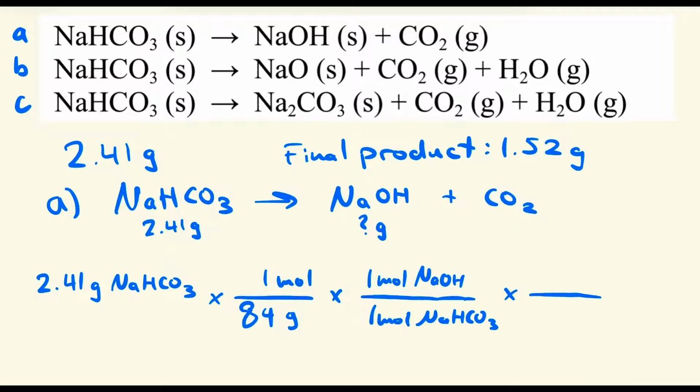And then finally, we will convert this into our mass of sodium hydroxide. So let's take the molar mass of sodium hydroxide. Our molar mass of sodium hydroxide is approximately 40 grams. Now double check here that all your units cancel out.